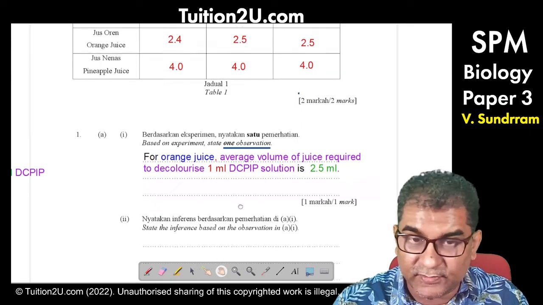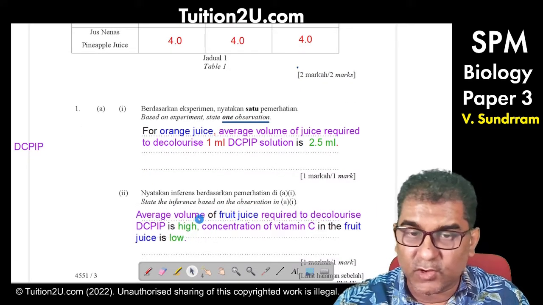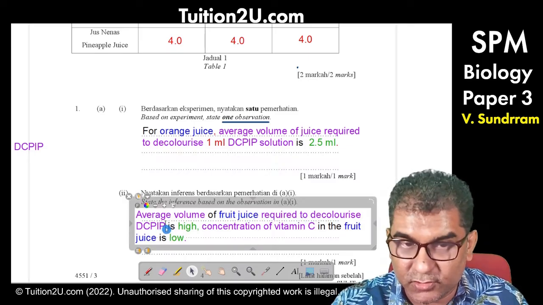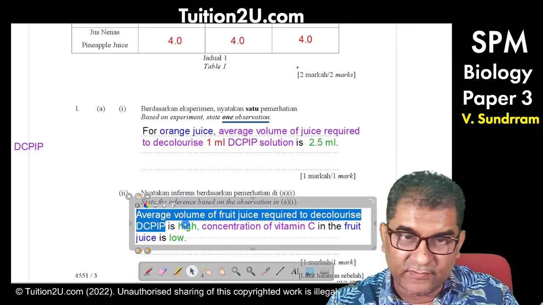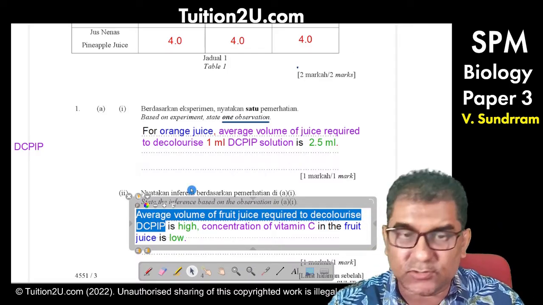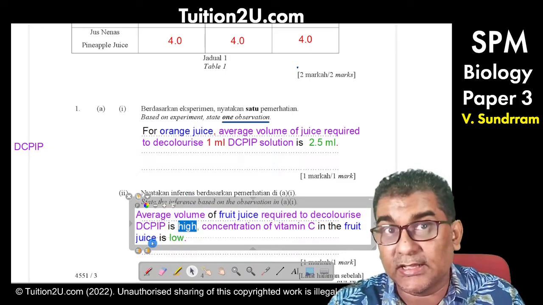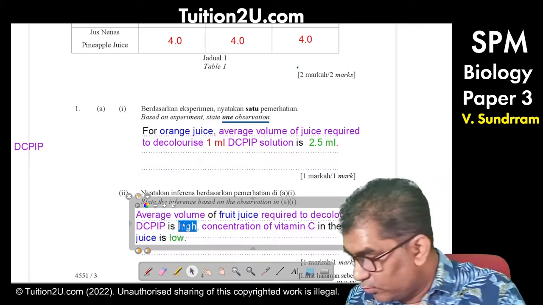So when you write the inference, this is the inference I'm going to write. Average volume of fruit juice required to decolorize DCPIP. If you note, it is again the corresponding variable. Average volume of fruit juice required to decolorize DCPIP is high. High is data. Actually, if it's 2.5, it is low, not high.